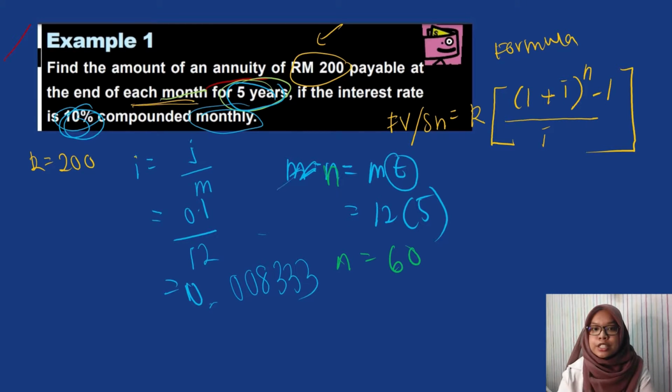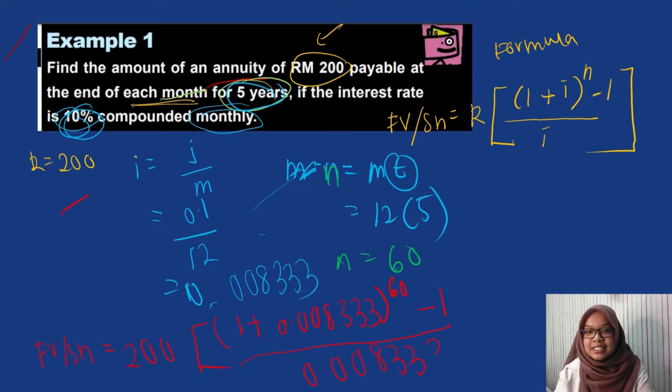So from this question, we just need to transfer it into the formula. FV or S_n equals RM200 times [(1 plus interest rate) (0.008333) with the power of n, 60, minus 1] divided by 0.008333.